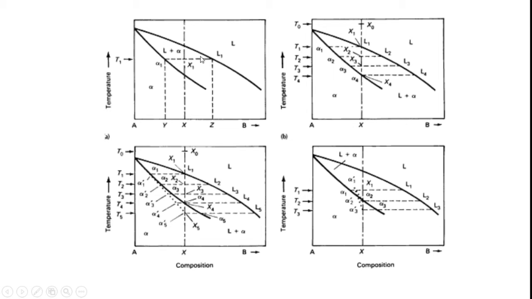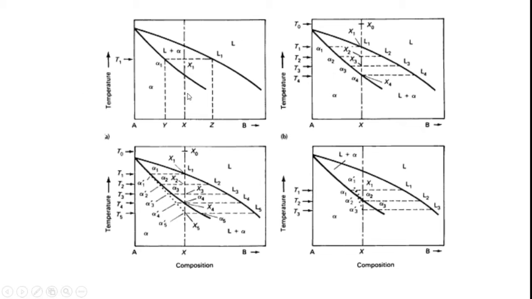With further increase in the amount of B in the alloy, more of the mixture consists of liquid. So as we go from alpha to L, the liquid fraction also increases until the material becomes entirely liquid at the right end of the tie line.